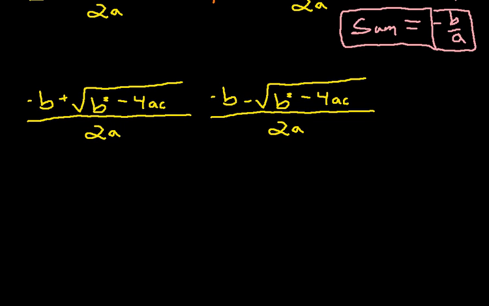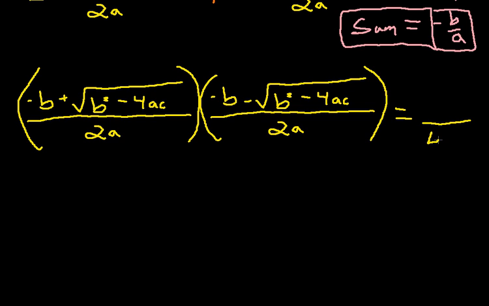This is just some algebra that we're doing with the quadratic formula. So now we're multiplying these together to get the product of the roots, and it's a difference of squares, with the denominator turning into 4a squared. So let's put everything over 4a squared and concentrate on the part that goes on top. We have negative b times negative b. That's the first term.